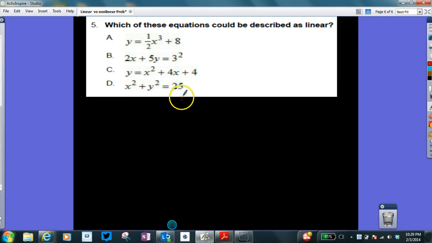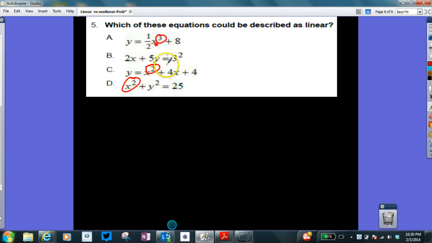Because when I look at this, and I see that I have an exponent above the x, that tells me that that's going to be nonlinear. Because if you put just x squared in your calculator, you'll see it is definitely not linear.